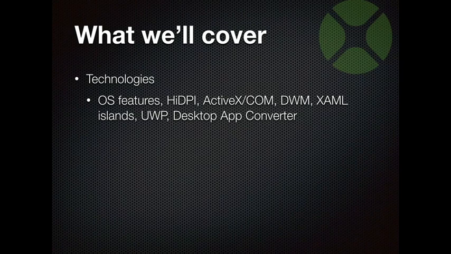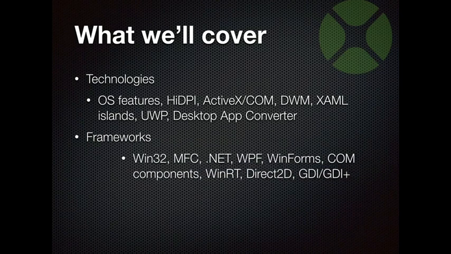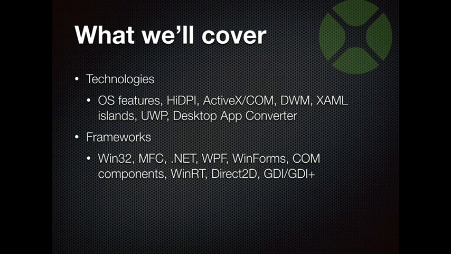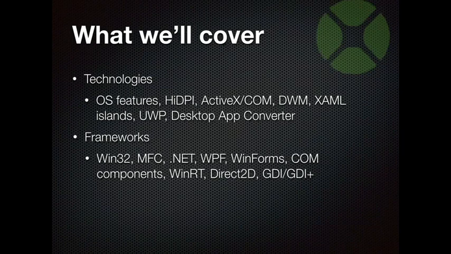They've also introduced last year XAML Islands. We'll talk about that, UWP and the Desktop App Converter. We'll also talk about the frameworks, some of which you might recognize. Win32 is what we use. And we'll talk about COM components, WinRT a little bit, and some other frameworks as well.